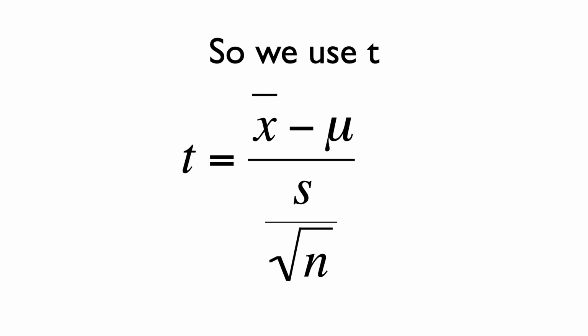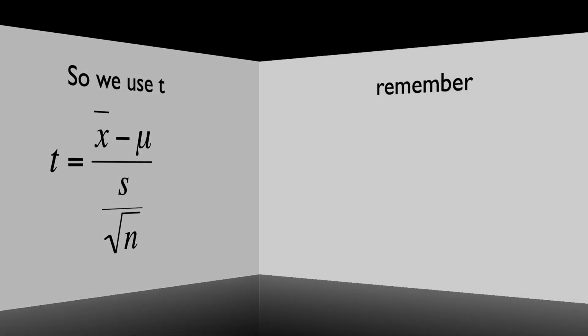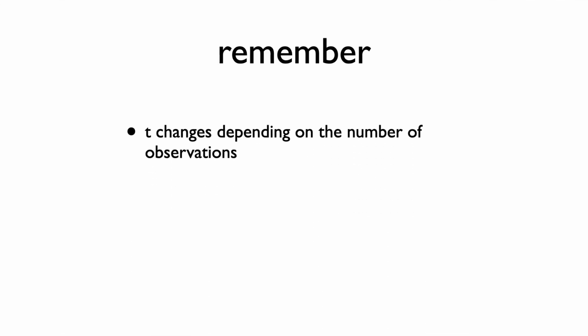Okay, so let's keep going here. Now remember that t changes depending upon the number of observations. Because of this, see? Because we're using this quantity, well, the square root of that quantity. Because we're using the sample standard deviation, it changes depending upon the number of observations.